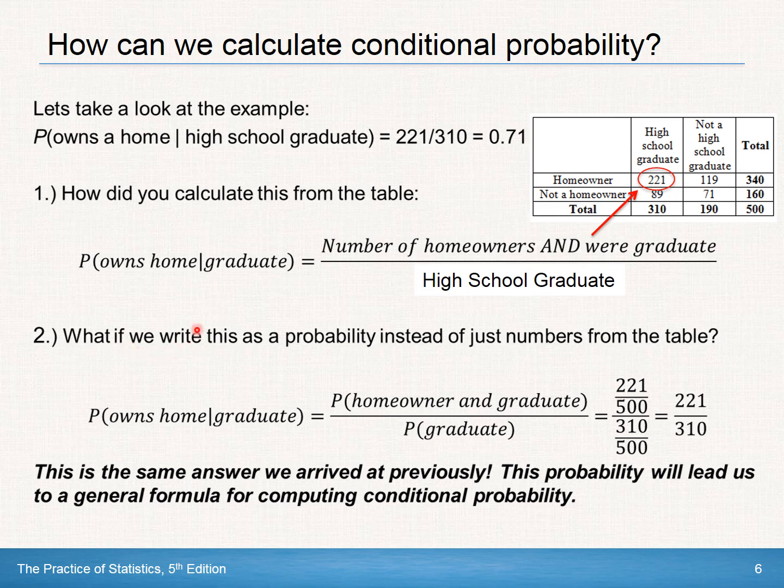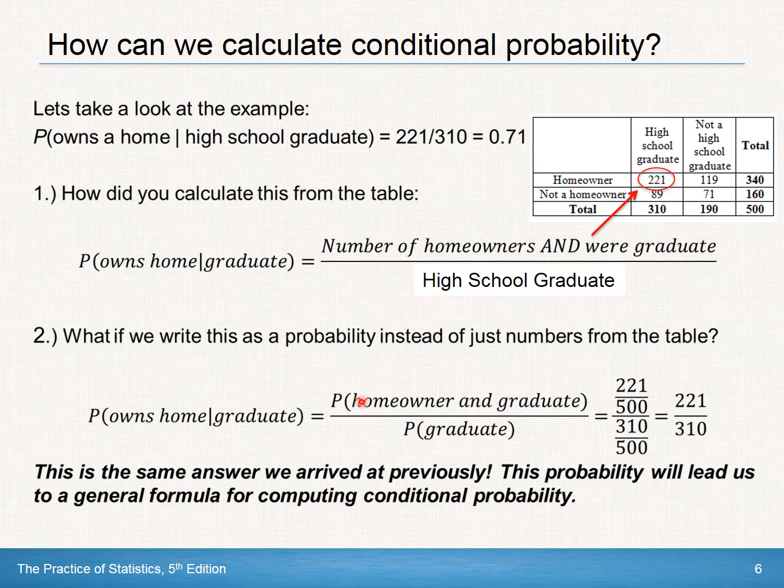Okay, so what if we decided to write this as a probability instead of just using the numbers from our table? All right, so we already said that the conditional probability of owning a home given that they were a graduate is the probability. Okay, so let's just take a look at that probability. Owns a home given that they were a graduate.